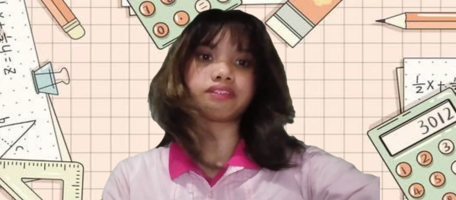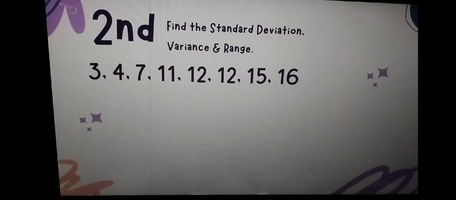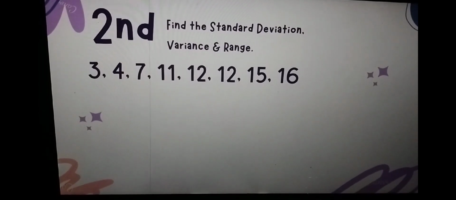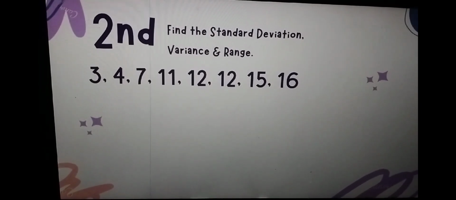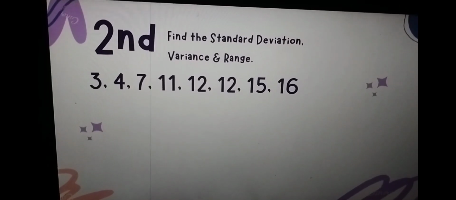Now that we completed that, let us answer the second. Hello everyone, we are at our second problem, which is to find the standard deviation, variance, and the range. We have 3, 4, 7, 11, 12, 12, 15, and 16.